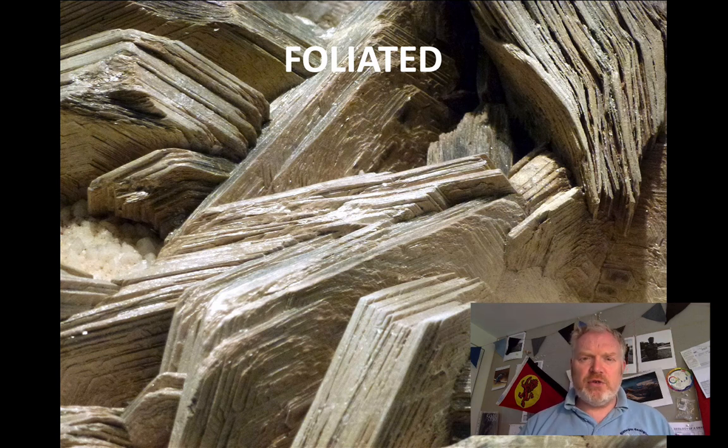We can also get minerals that are foliated. Foliated means sort of leaf-like. So we get these parallel sheets that grow within the mineral. This is extremely distinctive stuff. Mica is the mineral we need to know that demonstrates this.